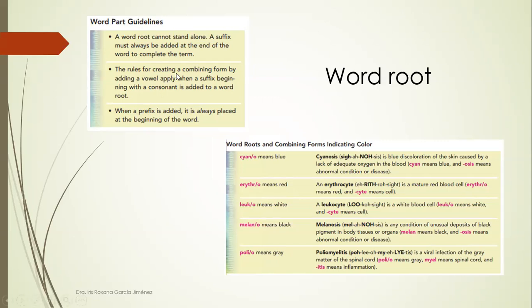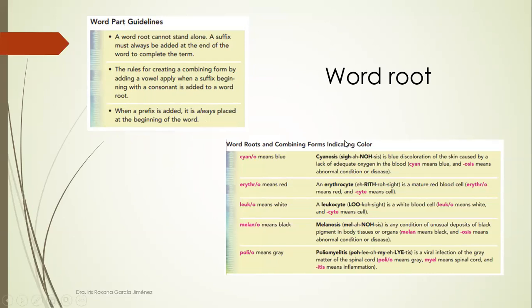The rules for creating a combining form by adding a vowel apply when a suffix begins with a consonant and is added to the word root. You are going to see examples ahead. When a prefix is added, it always goes at the beginning of the word. Of course, suffix and prefix, as we were talking about a few minutes ago.